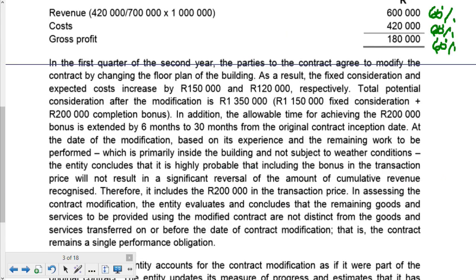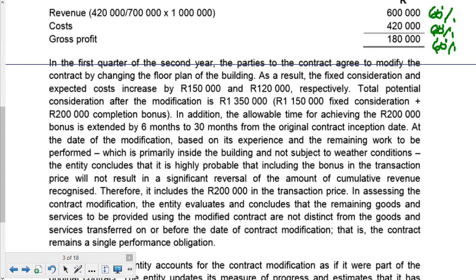Then here's the modification. In the first quarter of the second year, the parties agree to modify the contract by changing the floor plan. As a result, the costs will increase by 120 and the price will increase by 150.